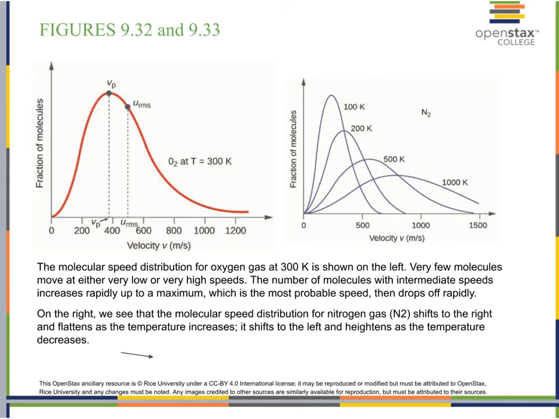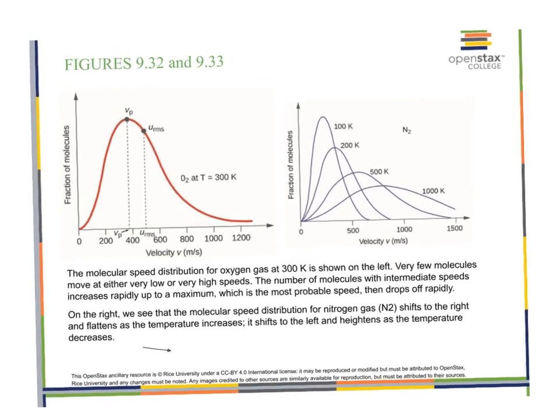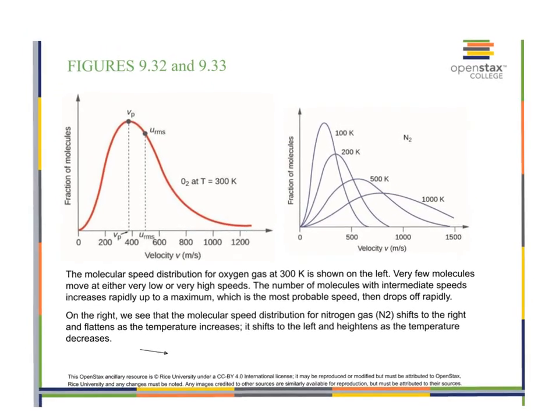Now, again, particles moving, that's what the kinetic molecular theory is all about. And when we talk about moving particles, we can look at the speed of those particles, according to both temperature and the size of a particular gas particle.